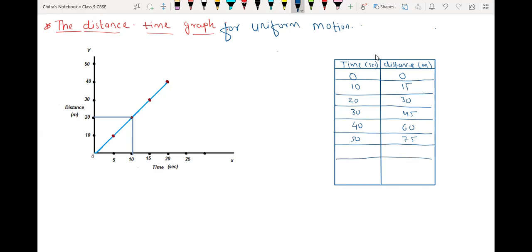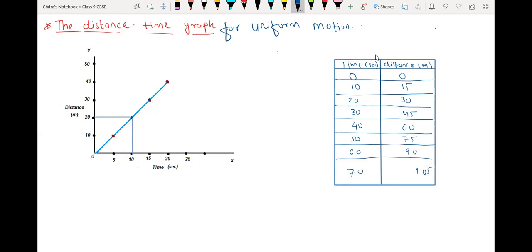We'll take one more: at 60 we have 90, and at 70 we have 105.